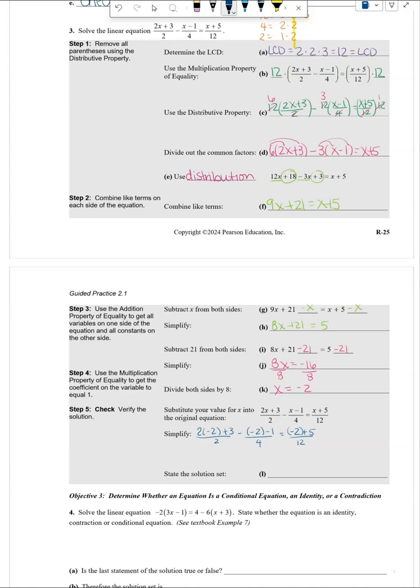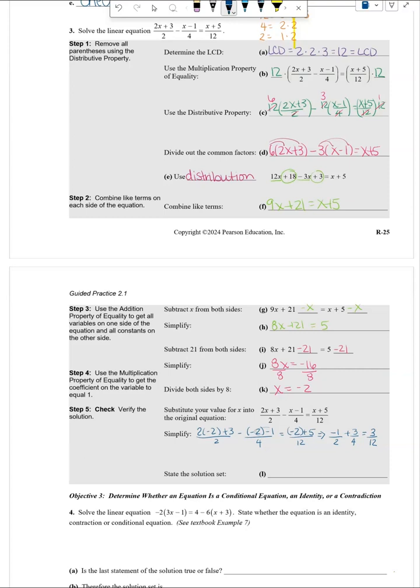Now, if we simplify this, that's going to be negative 4 plus 3, so it would be negative 1 over 2, right? And then a negative times a negative is going to be positive, so negative 3 becomes positive 3, plus 3/4. And that should equal negative 2 plus 5, which is 3 over 12.